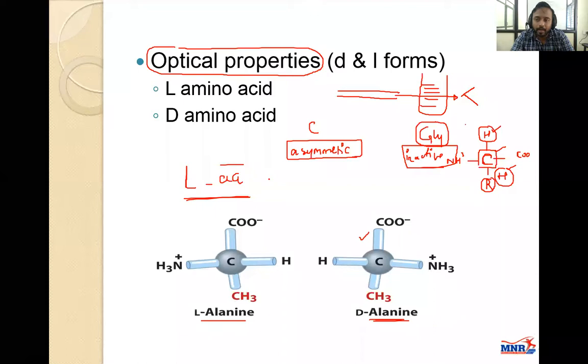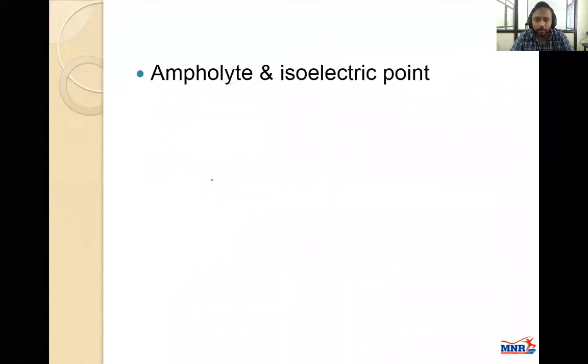Only a few of the antibiotics have been prepared in the D amino acid form, like D penicillin, etc. But otherwise, most of them are L form. Okay, L form is the most naturally occurring amino acid, and also it is alpha amino acid. Okay, L type of alpha amino acids are the most common type. Okay, next characteristics we'll see.